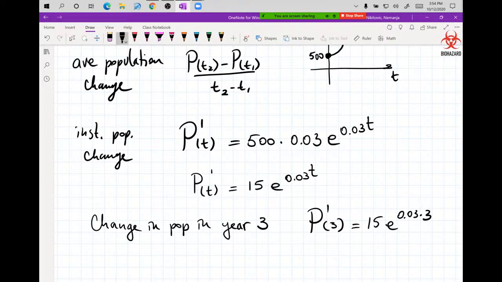You punch all of this into the abacus, and let's see what we get. So that's going to be 15 times e raised to 0.09. That gives me 16.4.